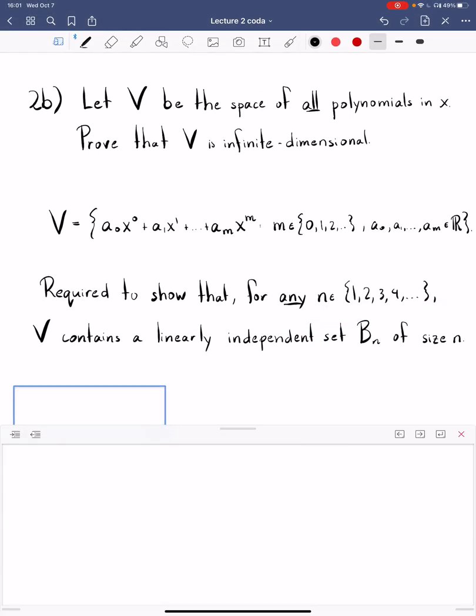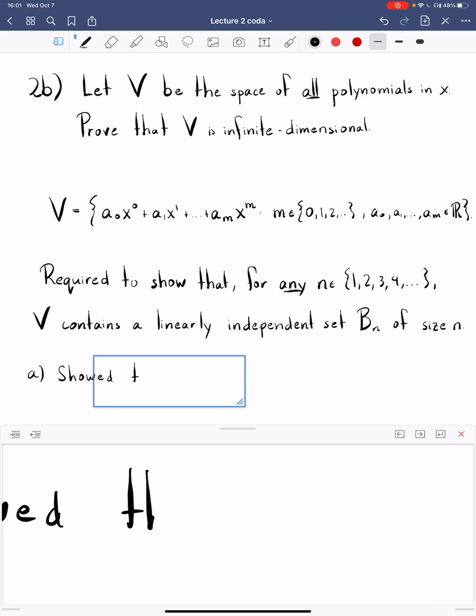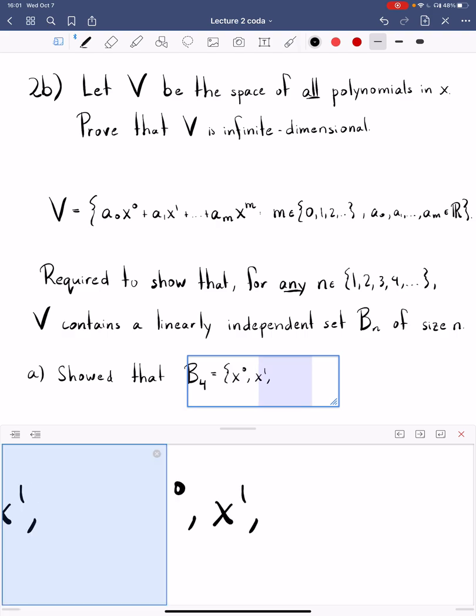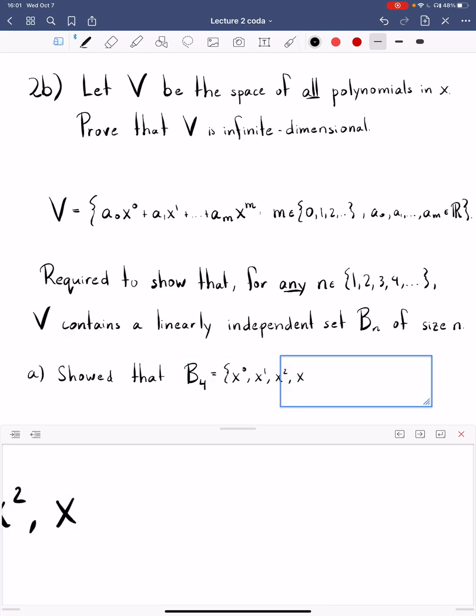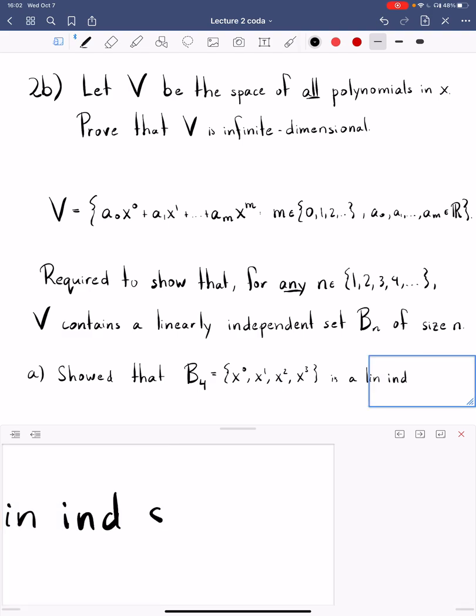And so how do we do that? What did we do in part A? In part A, we showed that B4, equal to x to the 0, x to the 1, x to the 2, x to the 3, is a linearly independent set, in particular of size 4.